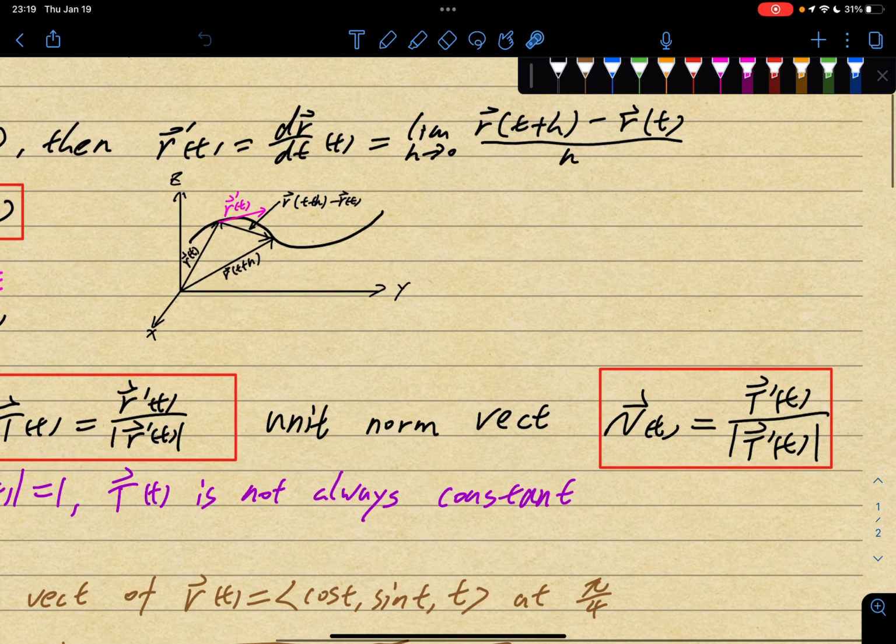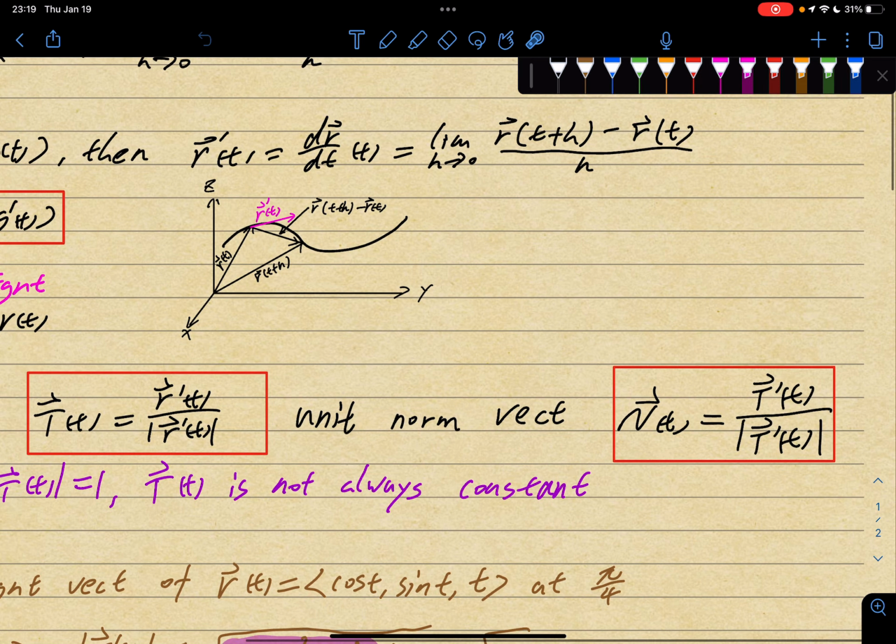In case you wonder what a unit normal vector is, I don't think this course teaches this anymore, but just in case they do, because I had to learn it, the definition of the unit normal vector is this. You have your unit tangent vector that we just learned about. We take the derivative of that again, and we normalize it, and we get a unit normal vector.